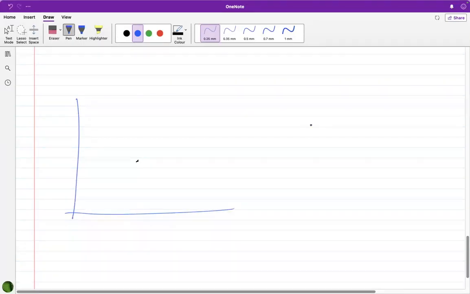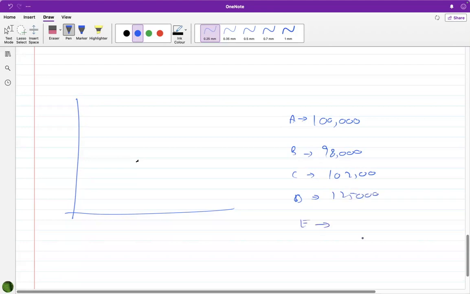One party had 100,000 people in their ground, and at other places, say A, B, C, D, there were 98,000, then 102,000, then 125,000, and then 136,000. Now what happens if I draw this graph from 0? Where will I mark this 100,000? It has to be somewhere.